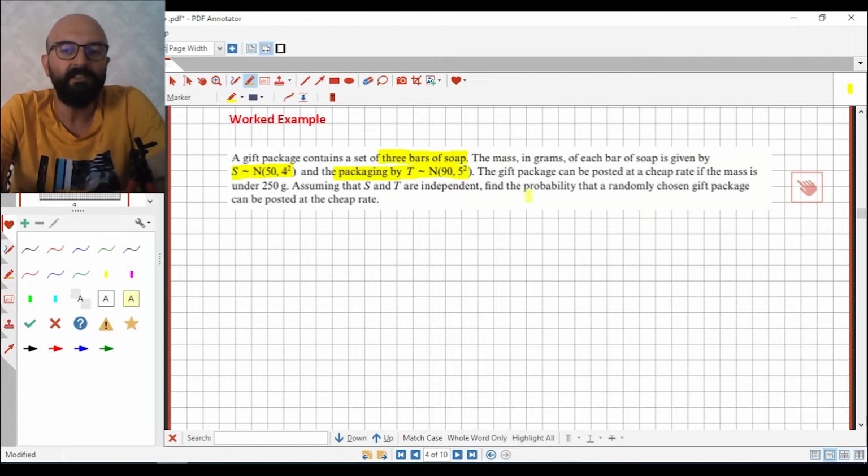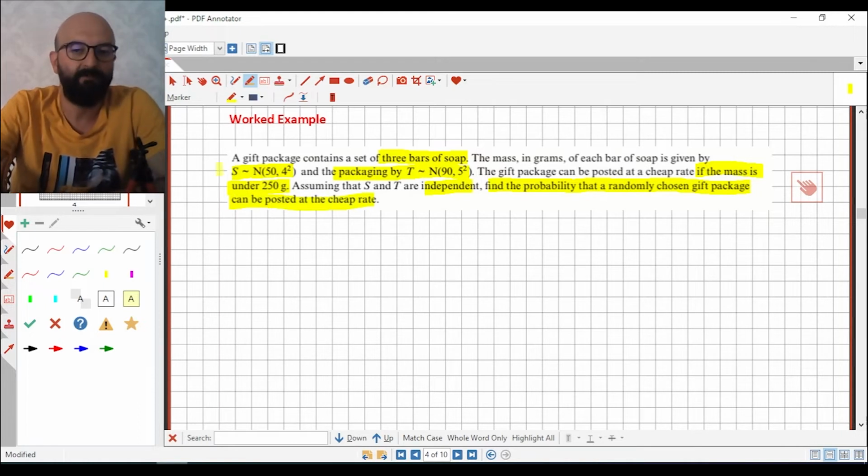The gift package can be posted at a cheap rate if the mass is under 250 grams. Assuming that S and T are independent, find the probability that a randomly chosen gift package can be posted at a cheap rate.